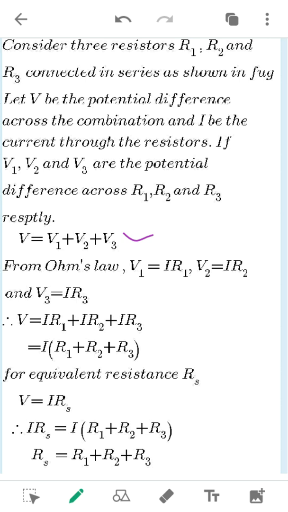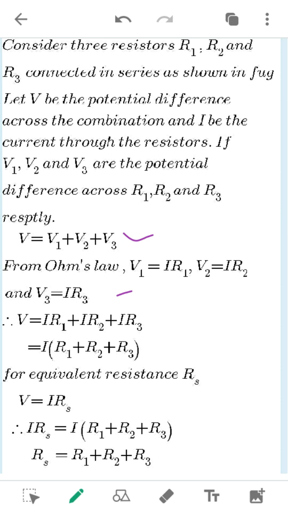According to Ohm's law, V equal to I into R. Therefore for individual potentials we take V1 equal to IR1. Why do we take I here? Because the same current flows, and the potential difference will differ across each resistor. V1 equal to IR1, V2 equal to IR2 and V3 equal to IR3.